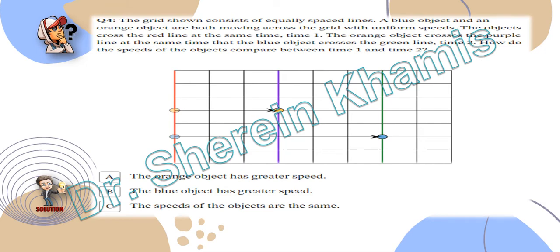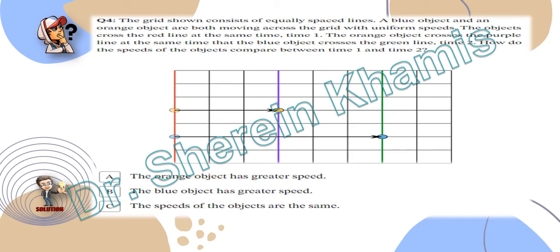Question number 4 says that the grid shown consists of equally spaced lines. A blue object and an orange object are both moving across the grid with uniform speeds. The objects crossed the red line at the same time, T1. Okay, but the orange object crosses the purple line at the same time that the blue object crosses the green line.